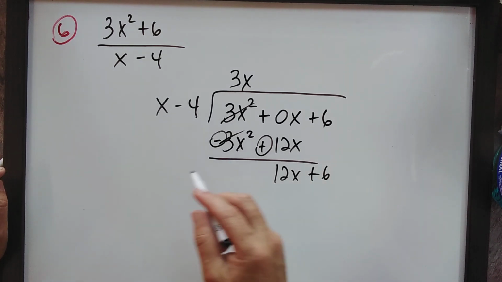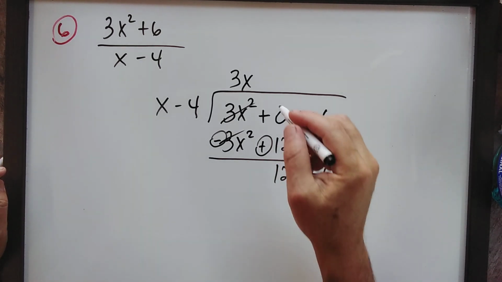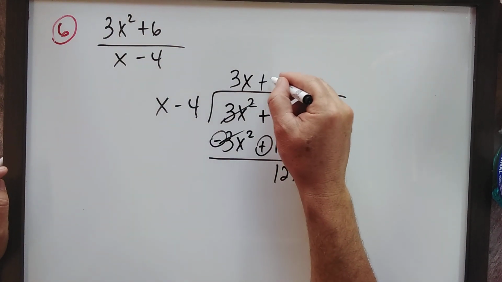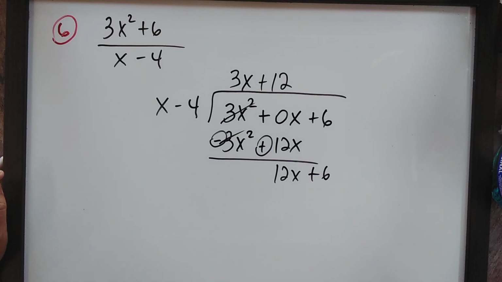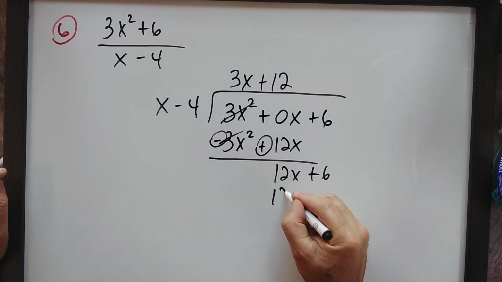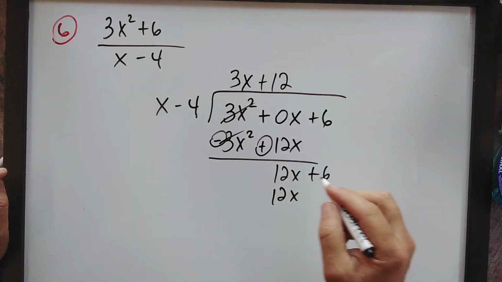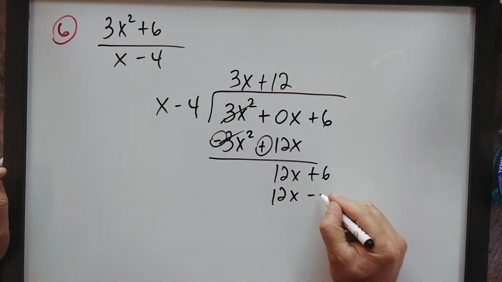Divide 12x. 12x divided by x is 12. Right? And then 12 times x is 12x. 12 times negative 4 is negative 48.